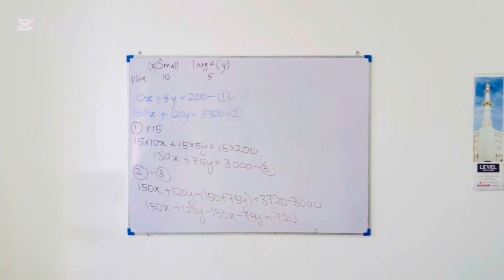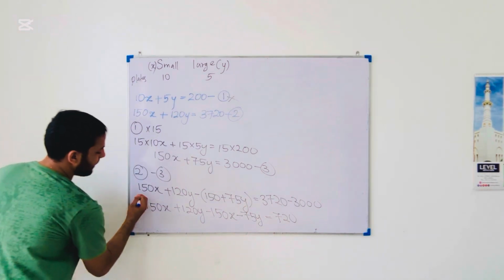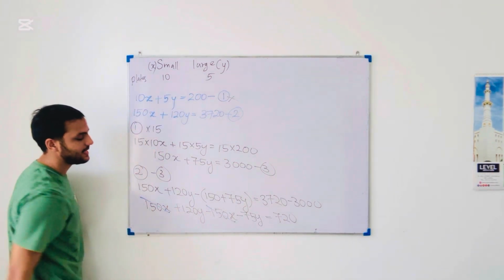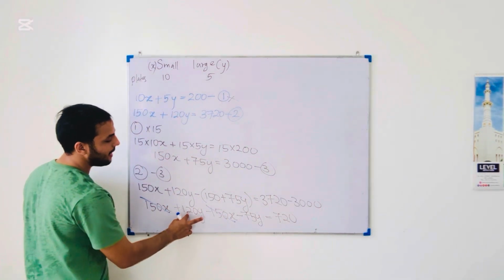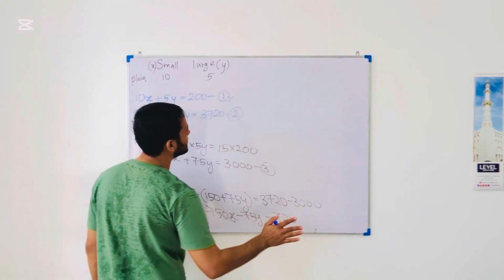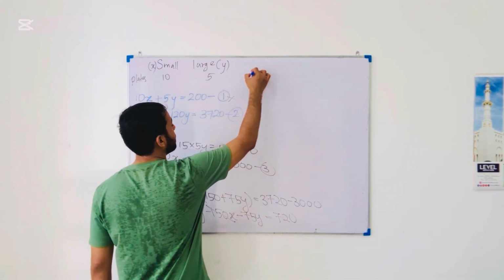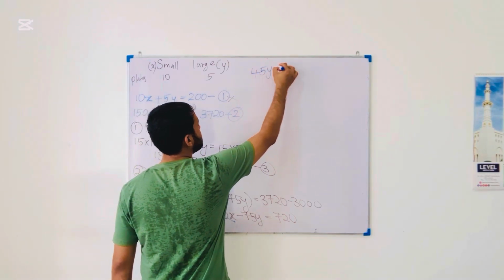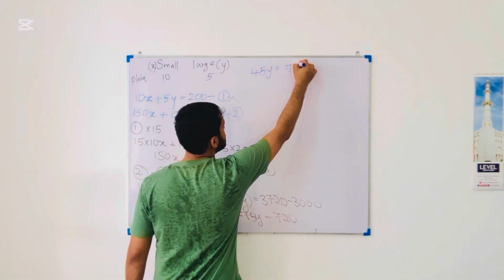Now I can cut it off. 150x minus 150x will become 0. 120y minus 75y, that is equal to how much? 45. 45y is equal to 720.